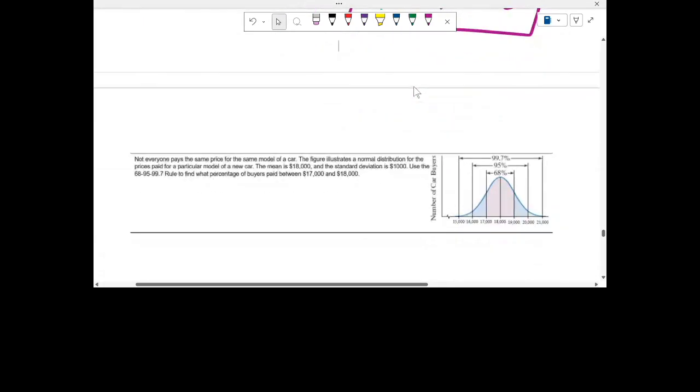Okay, let's try this, y'all. Let's see if we can do another one similar. Still dealing with the price of the cars, right? Take a look, my friends. The average is 18,000. My standard deviation, still 1,000. We're keeping this real simple. We want to know what percentage of buyers paid between 17,000 and 18,000.